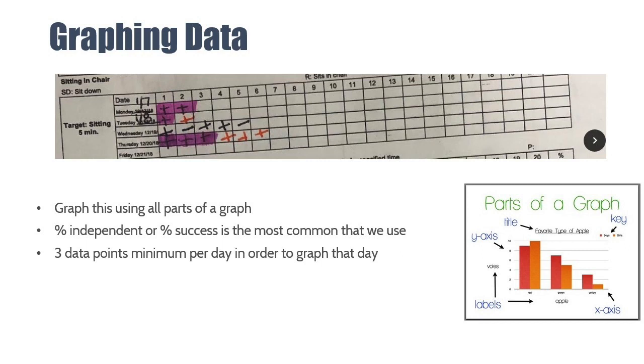Taking very minimum data points can be difficult for analysis and sometimes will mean that that data is unable to be analyzed. Also note that very commonly we use percent independent or percent success on the y-axis.